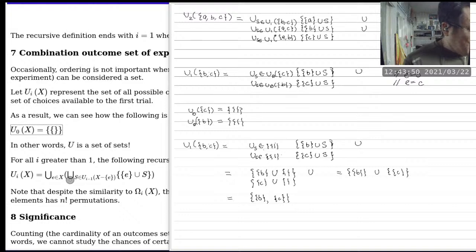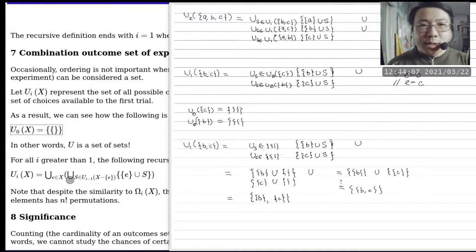Are we good with this part of the derivation? Okay, all right. Now we take a look at this and say, should we end up with BC in a set like this? I put a question mark here because that is what we want to figure out. So what do you think?